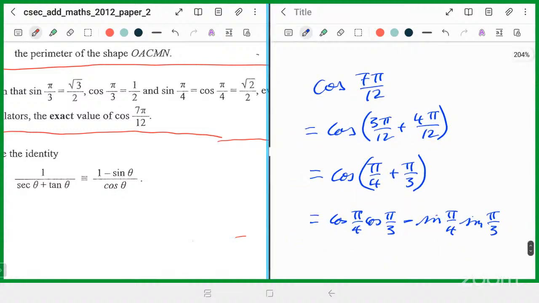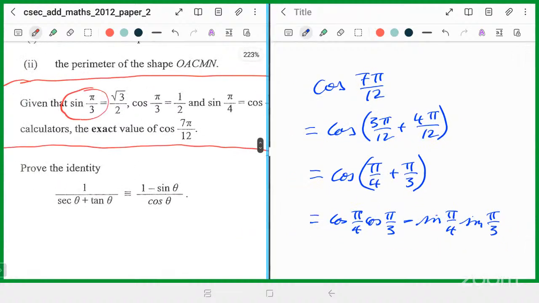Now notice they gave you the sine of pi by 3, but you also need the cos of pi by 3. Oh, they gave it here. They gave you everything. You're lucky in this one.